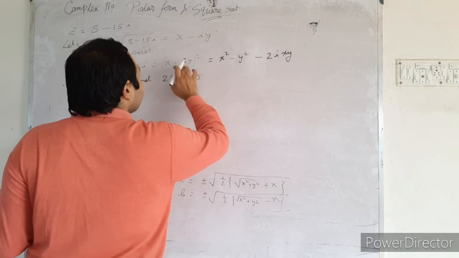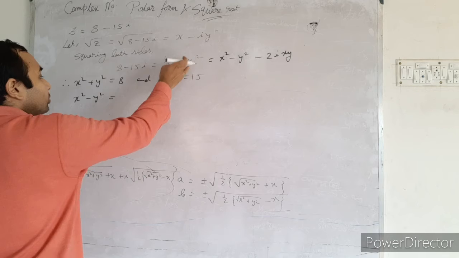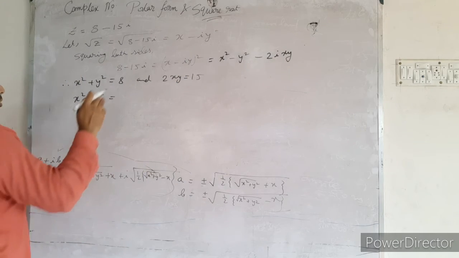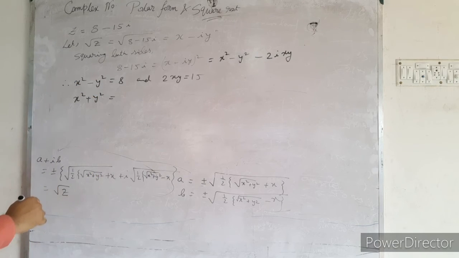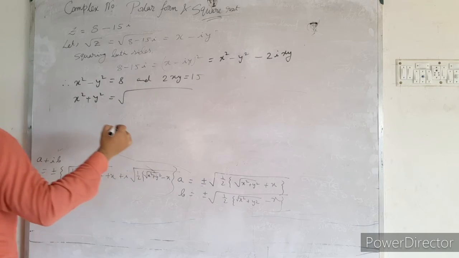Here it is x square plus minus iy whole square, so obviously it will be minus. So here it is minus, and we have to find plus here. Okay, so x square plus y square, you know this is the formula.